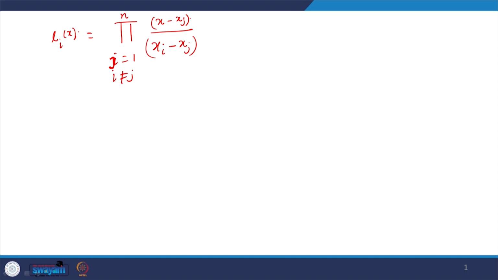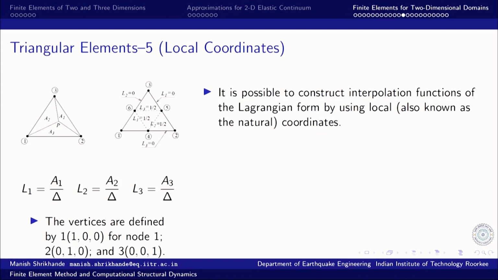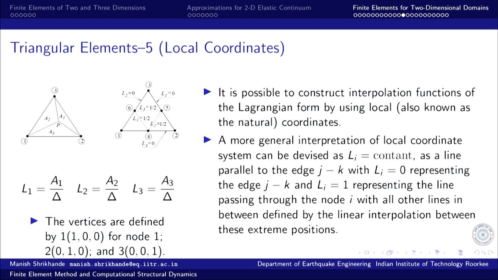So, at n minus 1 nodes it is going to vanish, and at only one node it will evaluate to unity, and that is node I. This is how the Lagrangian interpolation formula works, and it can be very easily used to define the interpolation for triangular geometries using these local coordinates L1, L2 and L3. We will see how. Local coordinates are also known as natural coordinates in some texts.